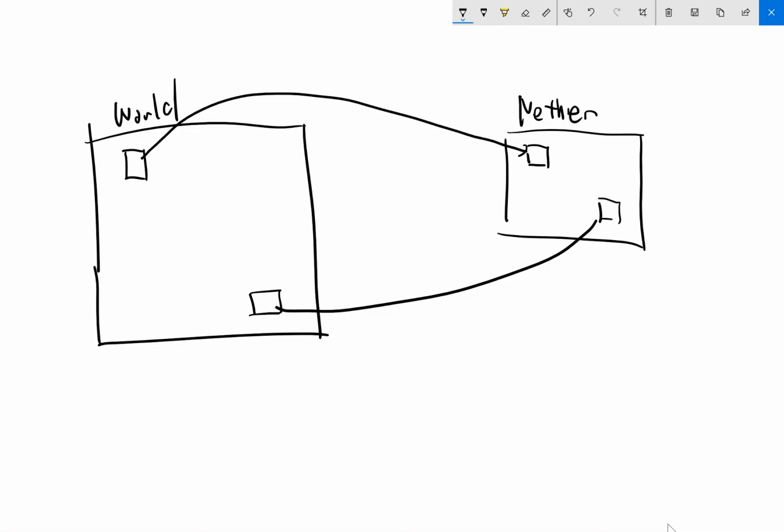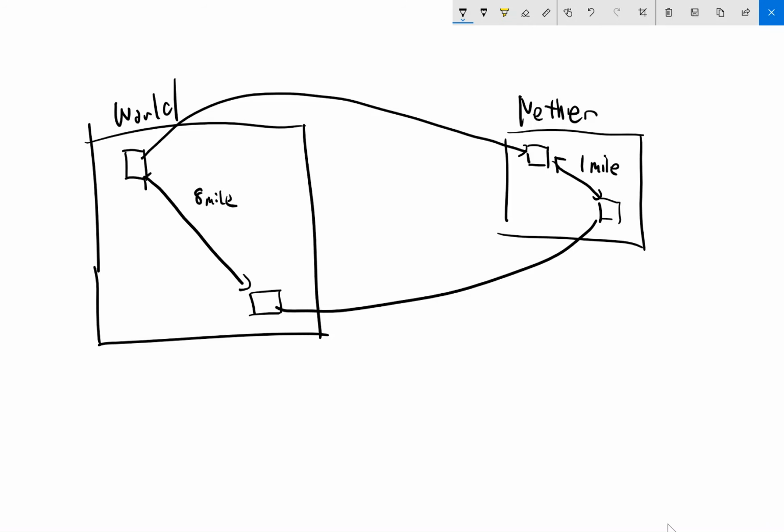There are some relationships, like taking one step in the Nether is like taking 8 steps in the real world. If you want to march to one destination, you can open up a portal from the real world, go to the Nether, and maybe this distance is 1 mile. And when you go back to the real world, you end up 8 miles away from the original portal.